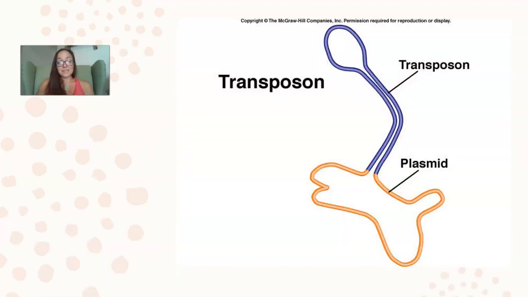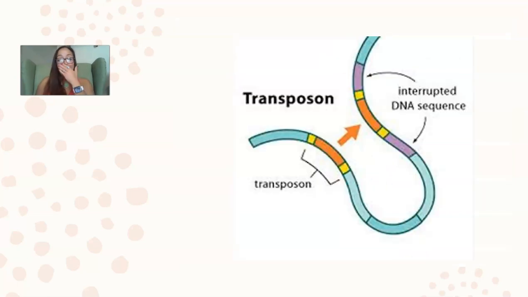But anyway, you can think of transposons kind of like jumping genes. So you have a plasmid in the bacteria with a section that's a transposon. What will basically happen is, see this orange area here? It can move from one place in the plasmid to another. There are enzymes involved.